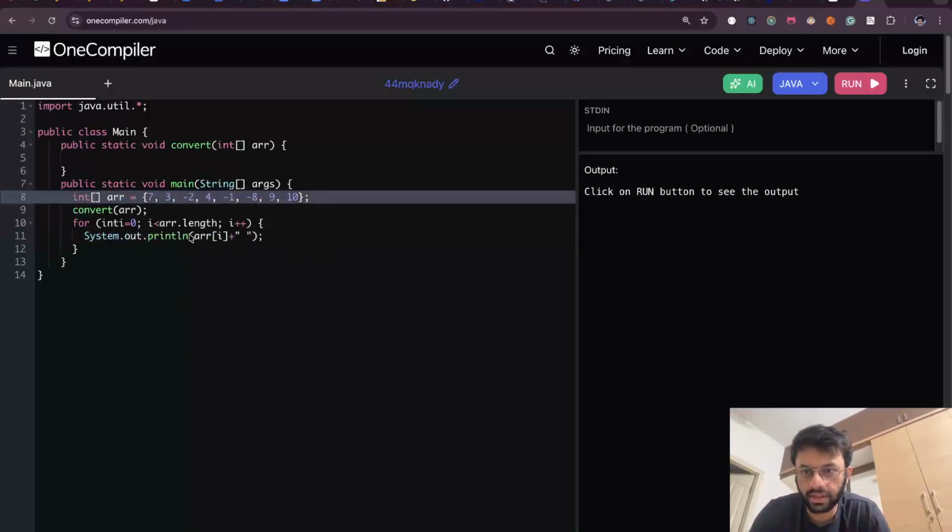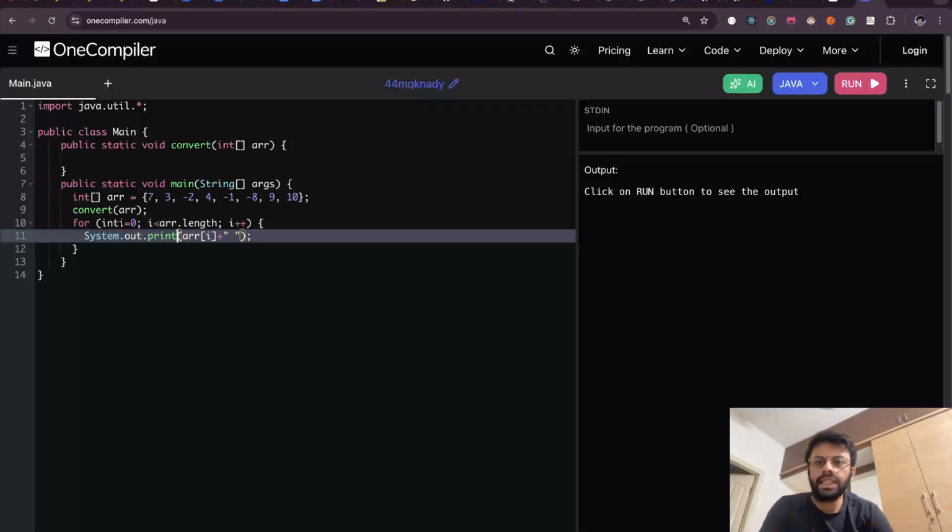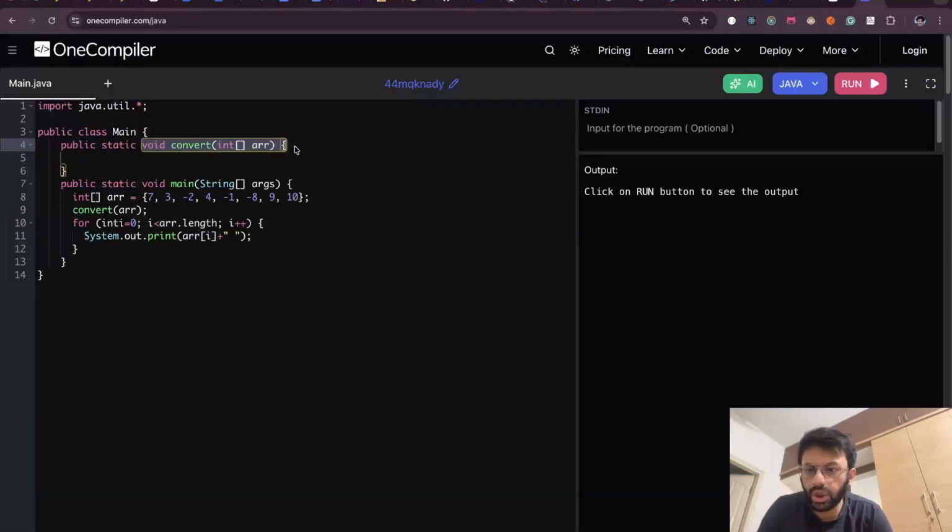Great. In this convert function, I need to write code which converts the array in such a way that all the negative numbers are shifted to the left and all the positive numbers are shifted to the right.